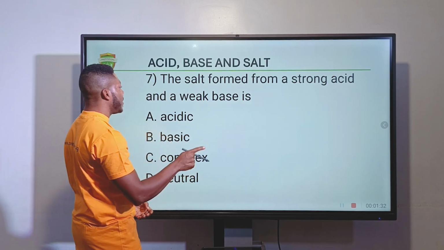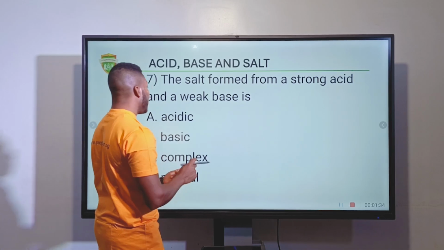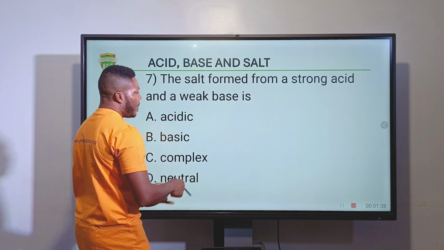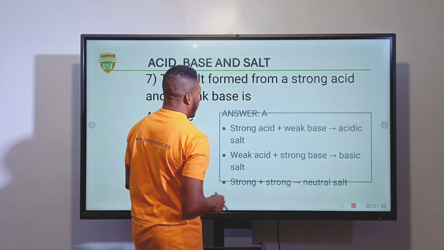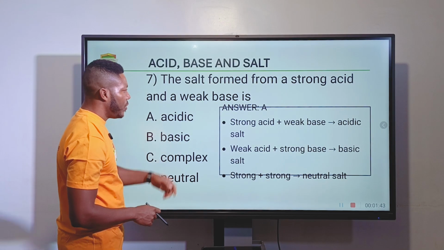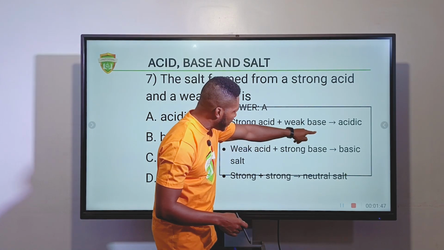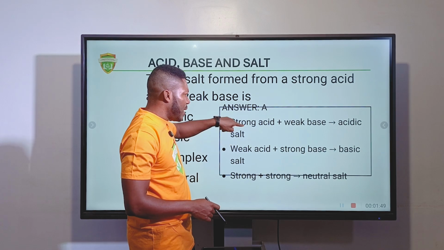Now, the salt formed from a strong acid and a weak base: is it going to be a basic salt, acidic salt, complex salt, or neutral salt? First of all, let me take you back to where we stopped in our last video. We said that strong acid plus weak base gives us an acidic salt. Please take note of this.